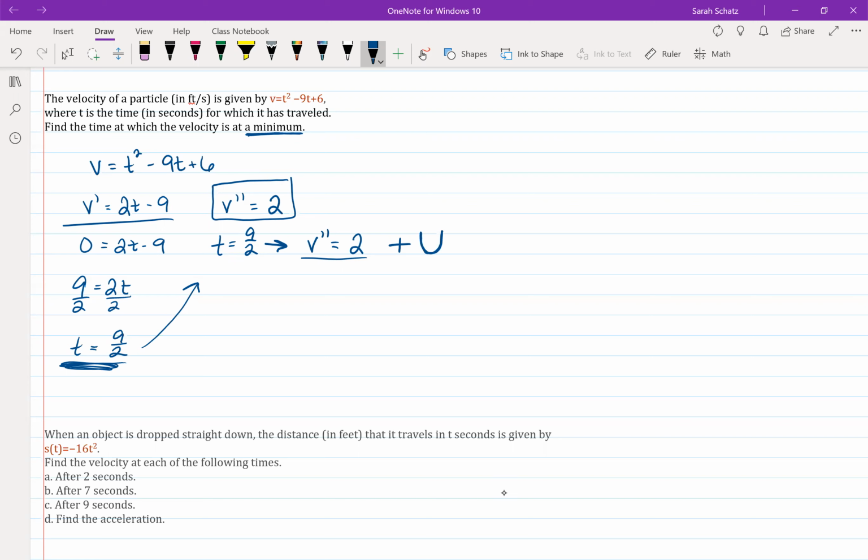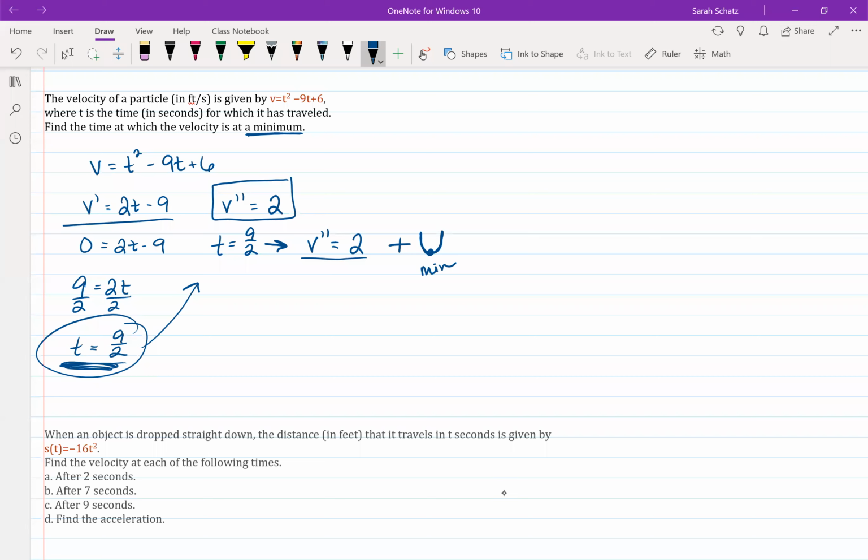Positive means concave up. Concave up looks like a bowl. And it means that because your graph is concave up, this critical point would have to be a minimum. So I did confirm that t equals 9/2 is a minimum. So that would be my answer. So I've confirmed it. I can say yes. t equals 9/2 would be your answer there.